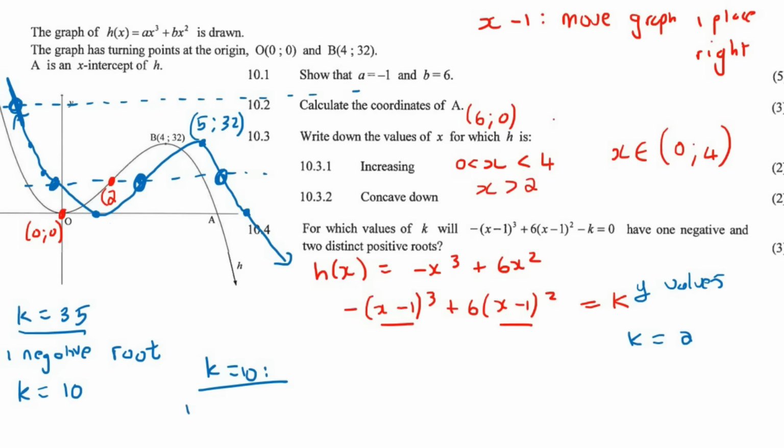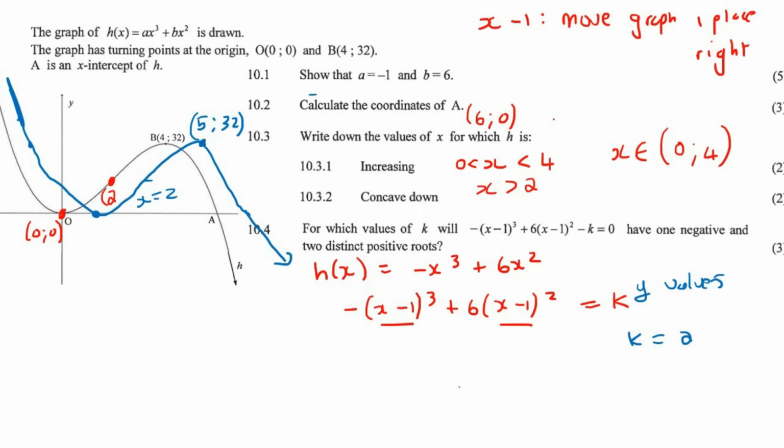Then we can say that we've got 1 negative root, because it's got a negative x value, and then 2 positive distinct roots, and that would be this one and this one. They're distinct because they're different, and they're positive because they have positive x values. So maybe this one's x equals 2, and maybe this one's x equals 6. Those are just some examples on how you can understand this question.